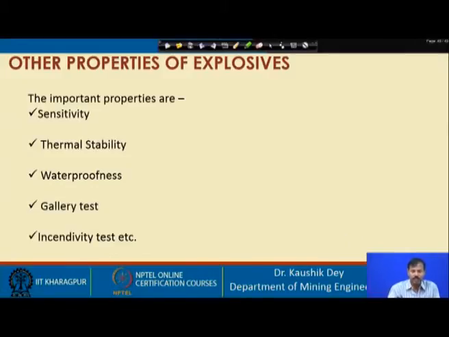These last two tests are important for blasting carried out in an explosive medium, but these three properties are important for the general use of the explosive.